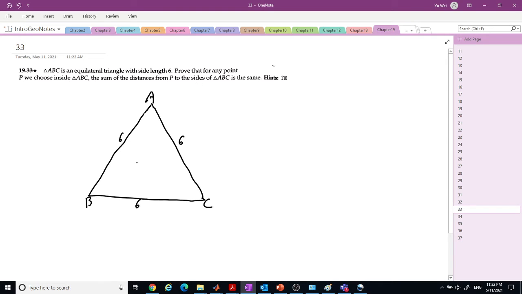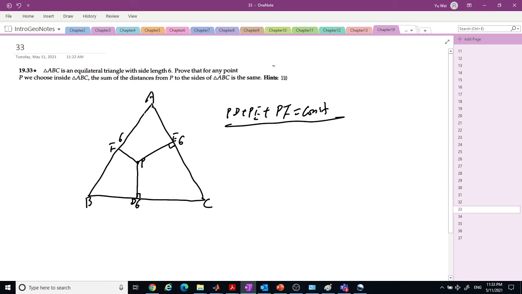Prove that for any point P inside, the sum of the distances to the 3 sides, PD, PE and PF, is constant. So we want to prove that PD plus PE plus PF equals a constant.